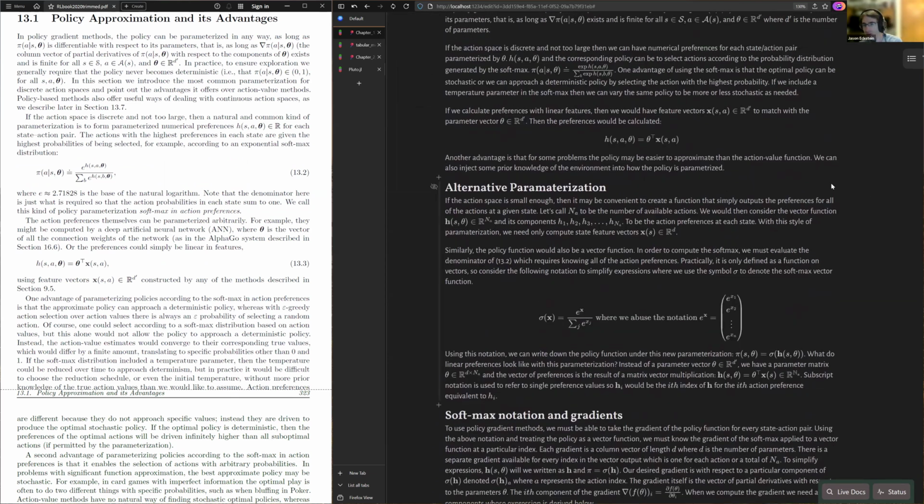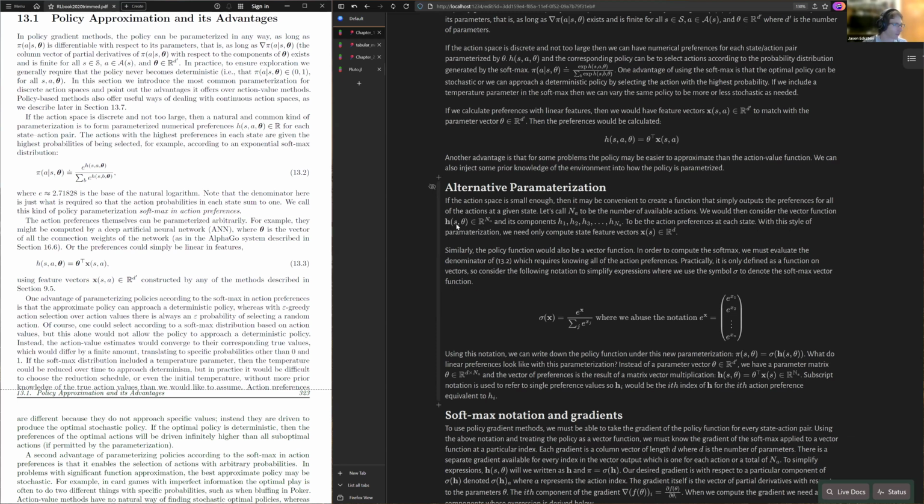Okay, so I mentioned this alternative way of doing this, which is that instead of thinking of this as a function that outputs a single value, we can think of it as a vector function. Let's say we have an environment where there are NA actions, the total number of actions available in the environment.